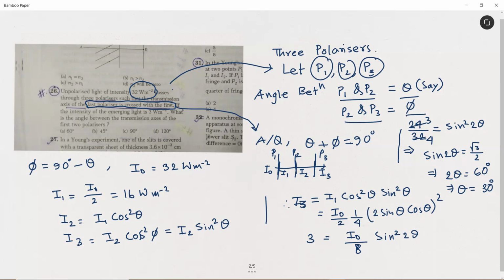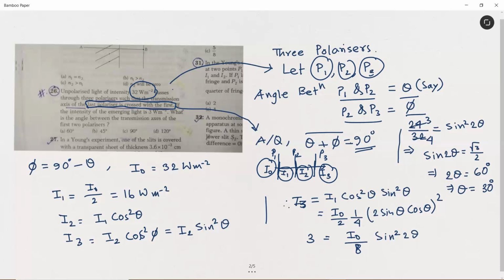The sum of these 2 should be 90 degrees. Next, the question says the intensity of the emerging light is 3 watt per meter square. Let us consider initially it was I0. After the first polarizer it becomes I1, after that it becomes I2, and finally when it emerges out of the last polarizer, the intensity becomes I3.